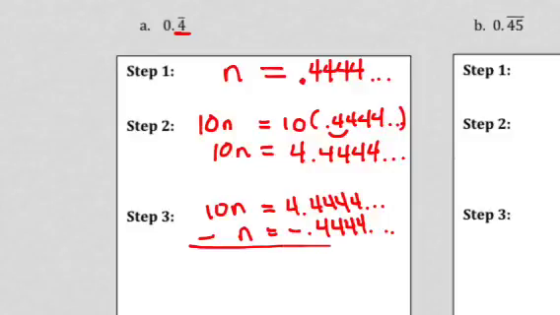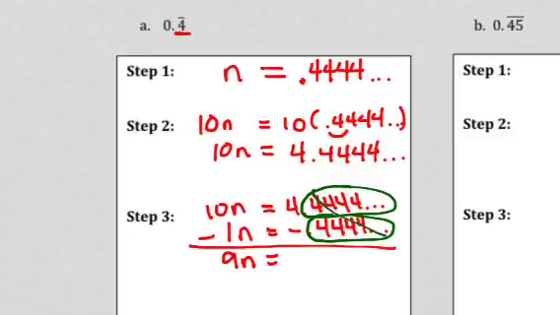When we do that, 10n minus 1n is 9n. And on the right-hand side, the 4.4 repeating subtracted by 0.4 repeating, the decimals cancel out. So we're just left with 4.